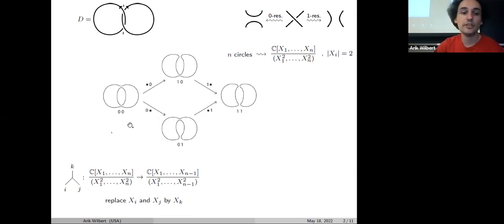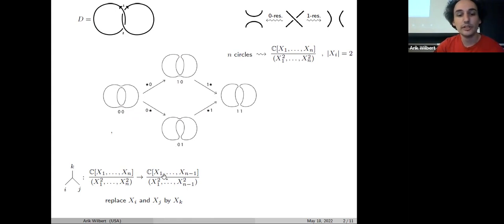So what I need to do is assign maps between these polynomial rings whenever two circles merge or one circle splits. So for the merge, this is what I wrote down here. Let's say the ith and jth circle merge and become the kth circle. So what happens in this case is I'm moving from a polynomial ring in n variables to a polynomial ring in n-1 variables because I have one less circle, right?